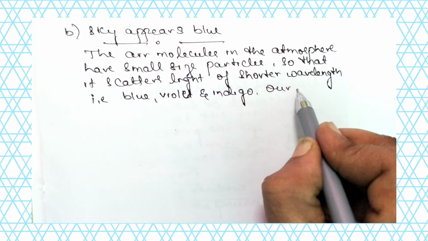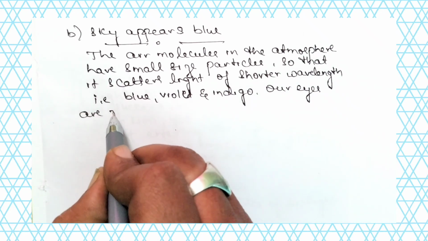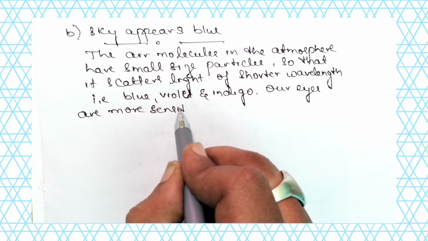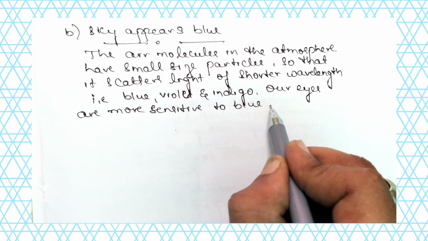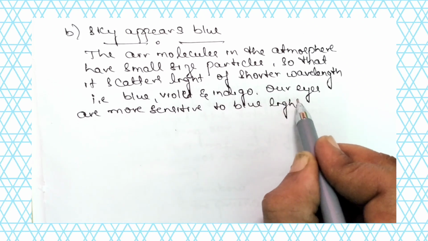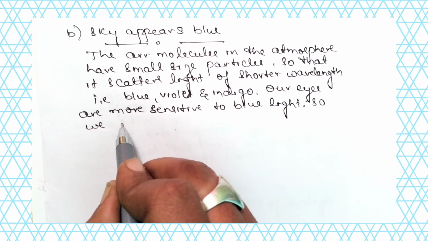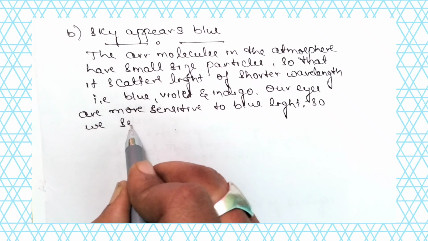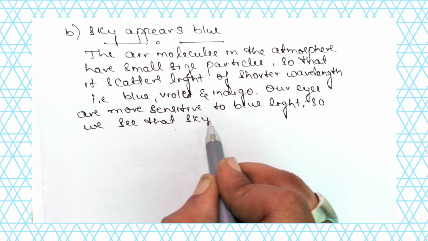Our eyes are more sensitive to blue light, so we see that sky appears blue.